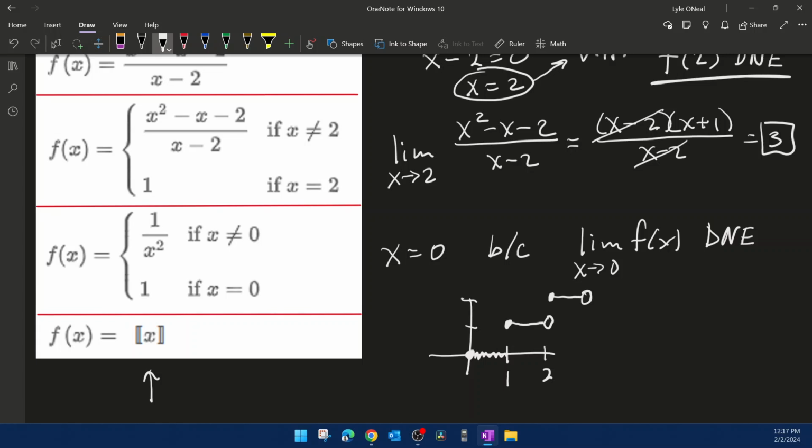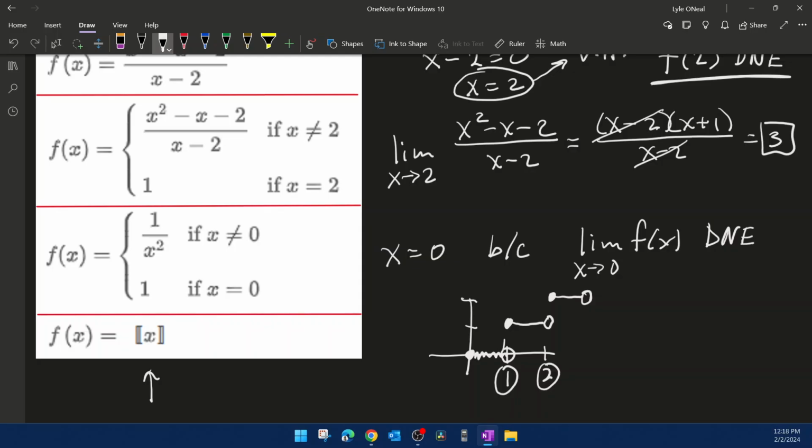Now remember, we're trying to decide where it is discontinuous, and we notice that this function is going to be discontinuous at every integer value because that is where the step occurs. Okay, so this function is defined at every integer because there is a solid dot at the integers.